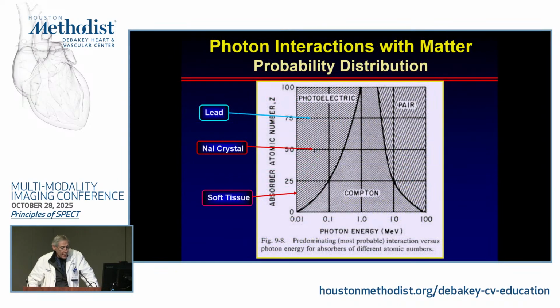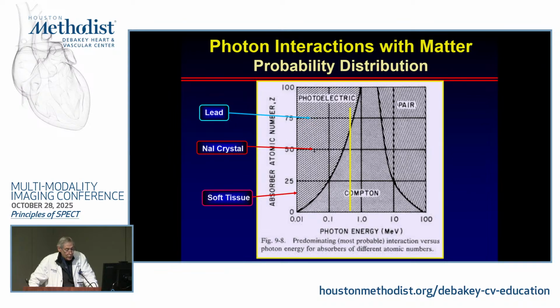Now let's talk a little bit about photon interactions in matter, because we have lead, and we have the sodium iodide crystal, which we like to have the photons interact with, and we have soft tissue. And you can see that if you look at 511 keV, most of what you see is actually Compton scattering. Only the photoelectric effect occurs at very dense materials like lead, okay?